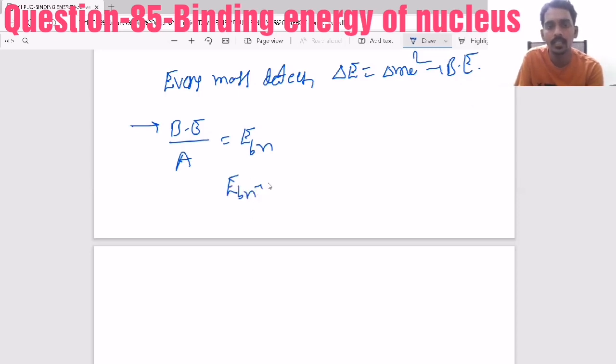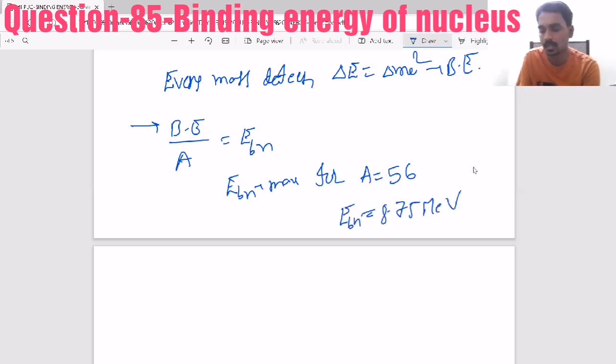EBN is maximum for iron 56. So for mass number 56, the binding energy per nucleon is maximum, approximately 8.75 mega electron volt. So that is the most stable nuclide compared to all the others.